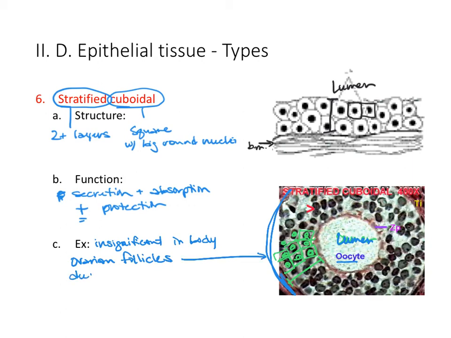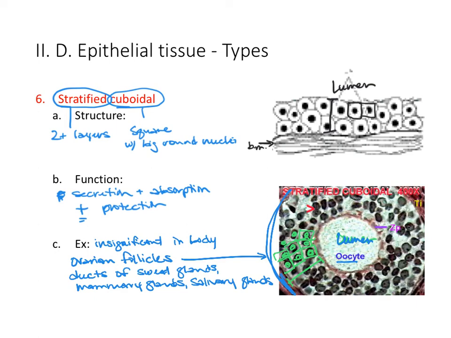We might also find a little bit of this stratified cuboidal in the ducts of our sweat glands. We might find a little bit in the ducts of the mammary glands, salivary glands. Okay, so again, not super important.